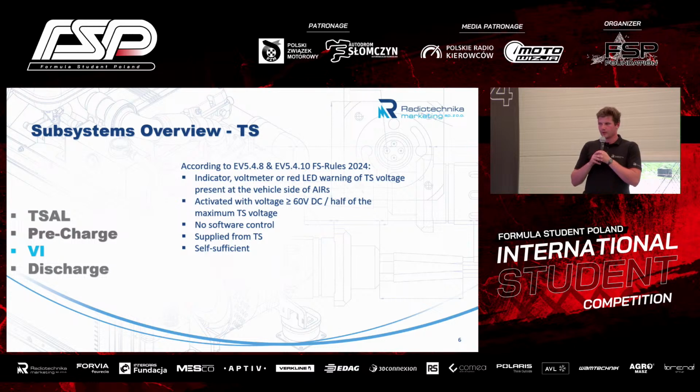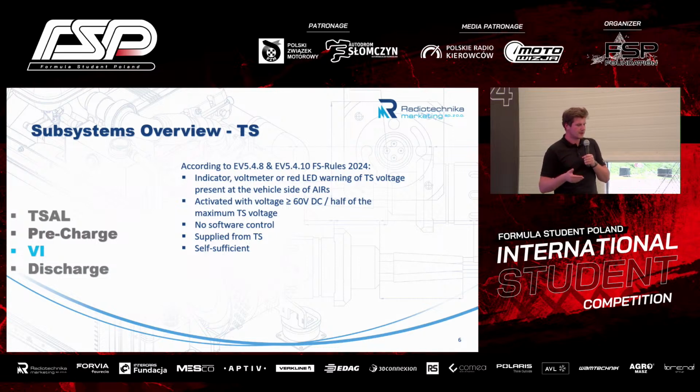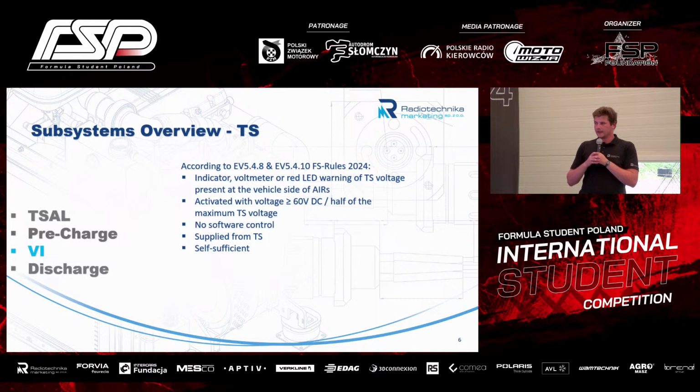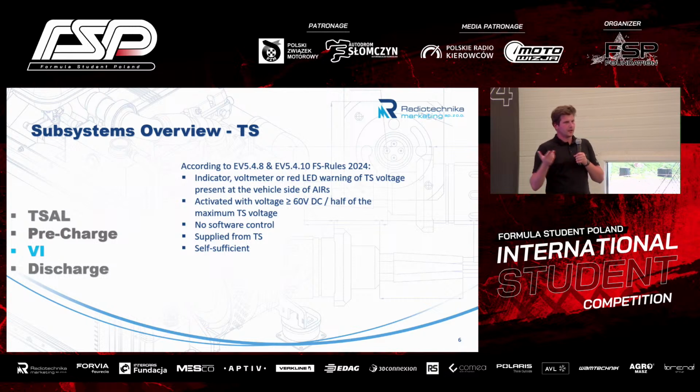No software control is allowed, and it has to be supplied from the tractive system and also self-sufficient. So basically, it has to be on even without the low voltage system present on the car or in the battery. One way to do it is, for example, a constant current source located in the battery, or you can do, for example, a converter, like a flyback converter.